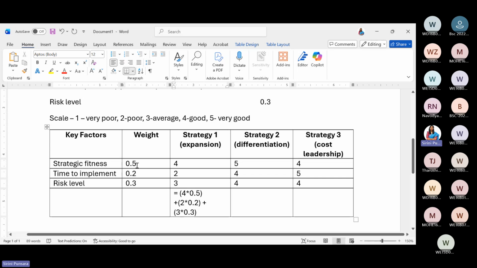So 4 into 0.5, 4 is the value, 0.5 is the weight, plus 2 into 0.2 plus 3 into 0.3. Then we can get the total value here.